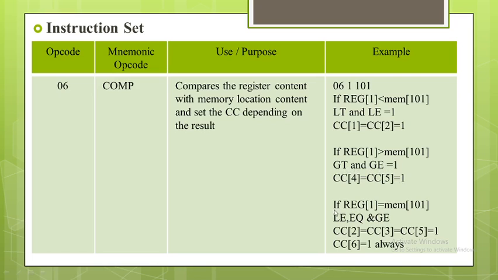The third possibility is that the register content is equal to the content of memory address 101, where it is going to set condition codes 2, 3 and 5 equal to 1. And as we have already seen, condition code 6 is always set to 1. So this is opcode 6, which stands for the comparison, and it sets the condition codes depending on the result.